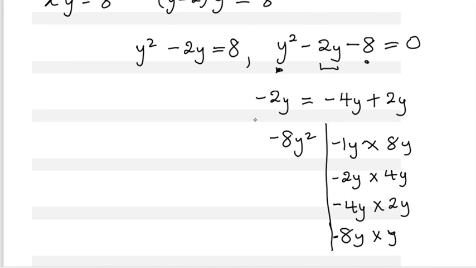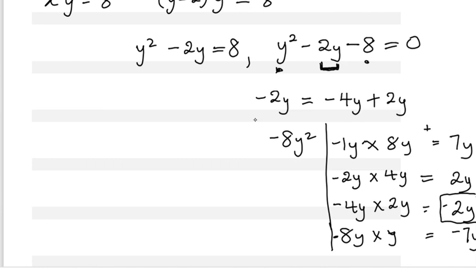So negative y plus 8y will give us 7y. If we add this one up, this will give us 2y, this will give us negative 2y, and this will give us negative 7y. But then if we look at the expression we have, we are looking for negative 2y, and this is negative 2y.